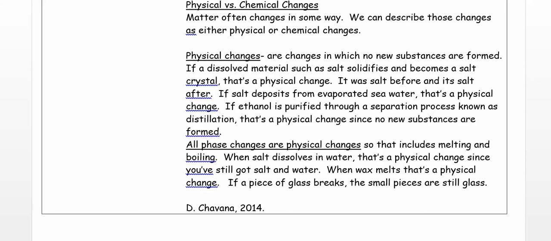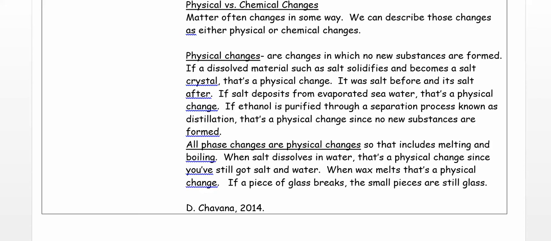If a dissolved material such as salt solidifies and becomes a salt crystal, that's a physical change. It was a salt before and it's a salt after. If salt deposits form from evaporated seawater, that's a physical change. If ethanol is purified through a separation process known as distillation, that's a physical change since no new substances are formed.